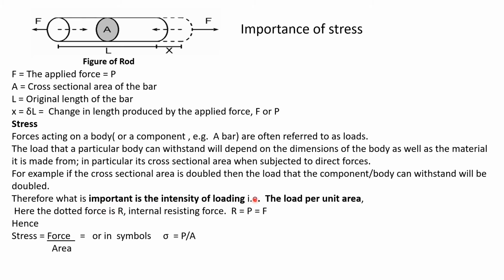So what is important here is intensity of loading, or load per unit area. Here also, stress is force upon area, that is P upon A. Sometimes we feel that the strength of a material is a force, but it is not a force, it is stress. Let us see how.